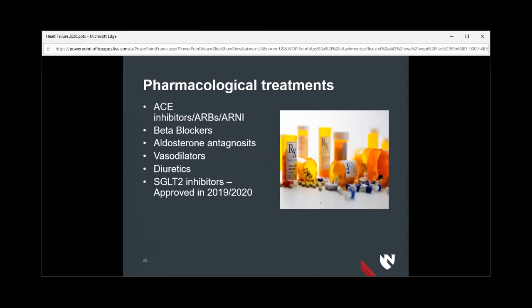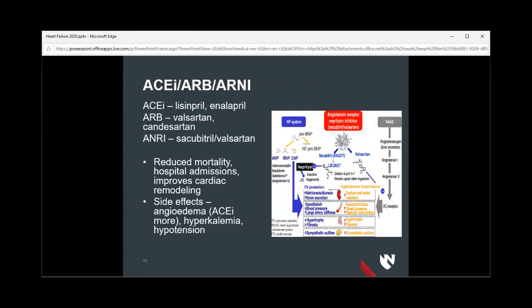So now just talking about pharmacological treatments, the medication classes that we talk about, all that fall under guideline-directed medical therapy, are ACE inhibitors, our ARBs or our ARNIs, our beta blockers, aldosterone antagonists, that is spelled wrong, I will fix that, sorry, vasodilators, diuretics, and SGLT2 inhibitors that are the most recent class of medications approved for heart failure patients.